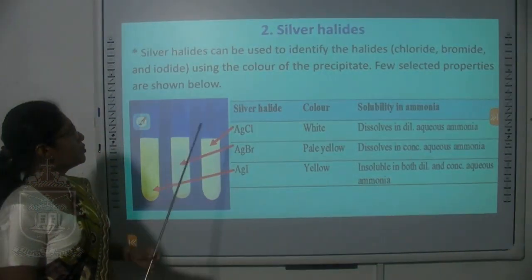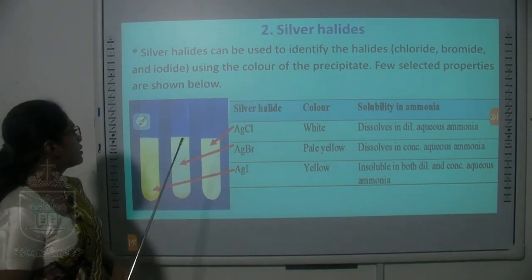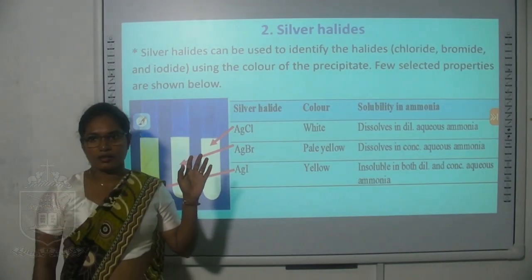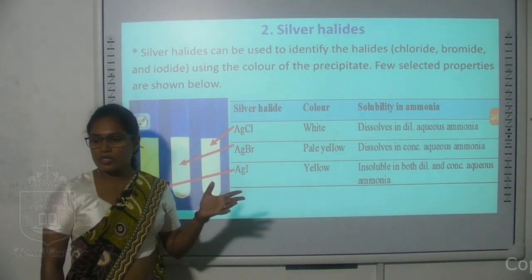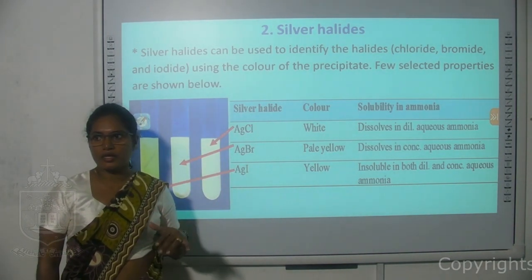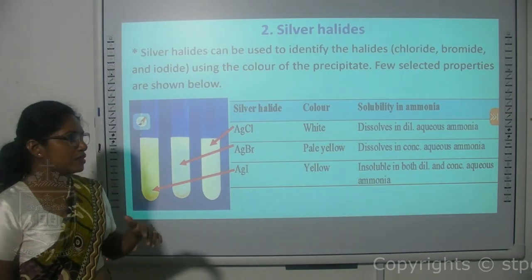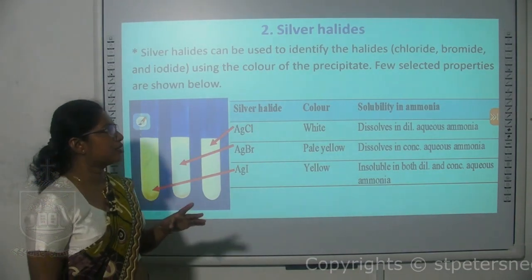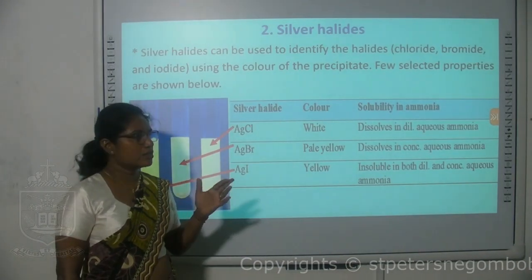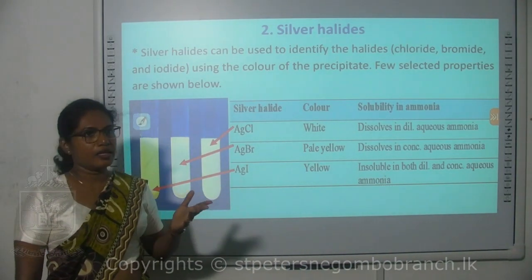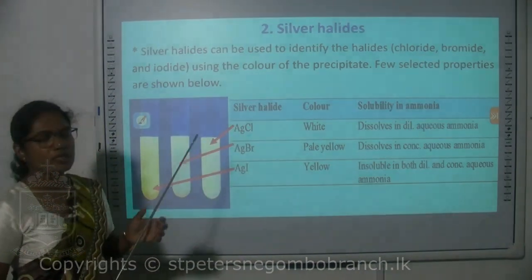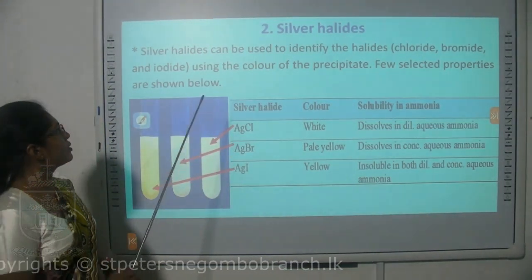Then we are moving to silver halides. This is a very important thing, because we use this reaction to identify the different halide ions, chloride, bromide and iodide ion. We can identify them easily by using this silver halide reaction.